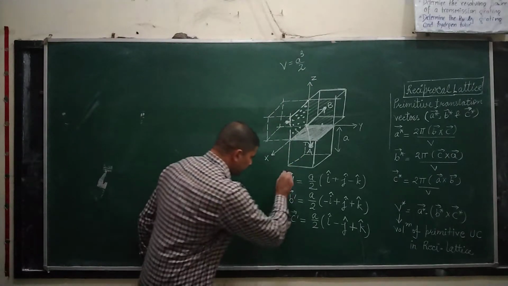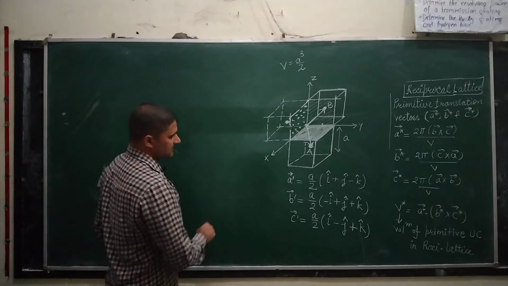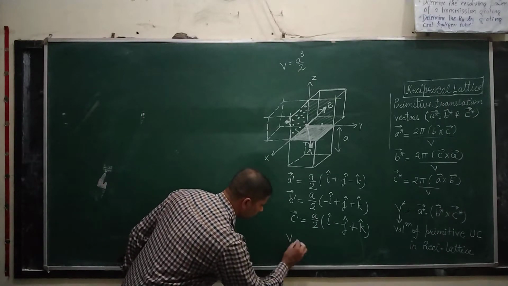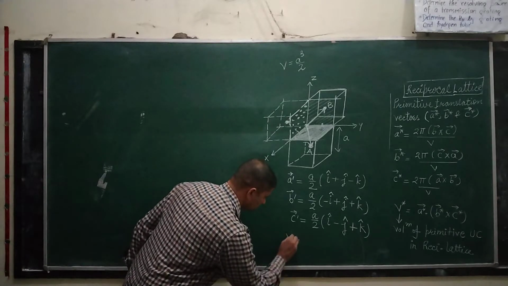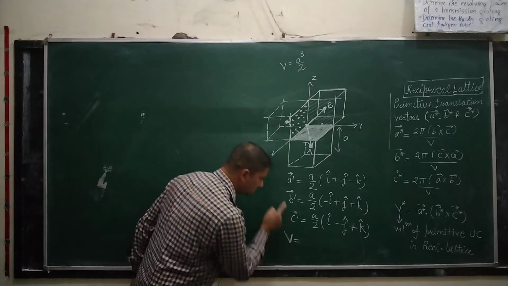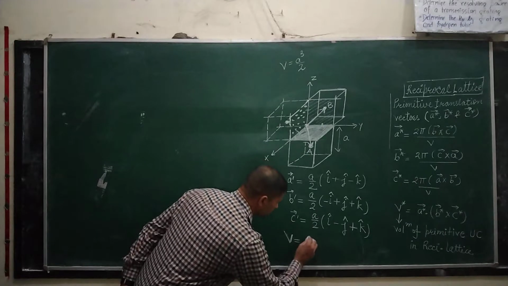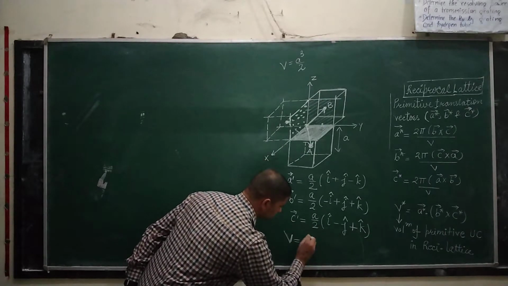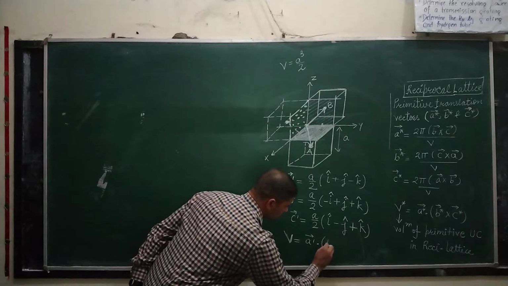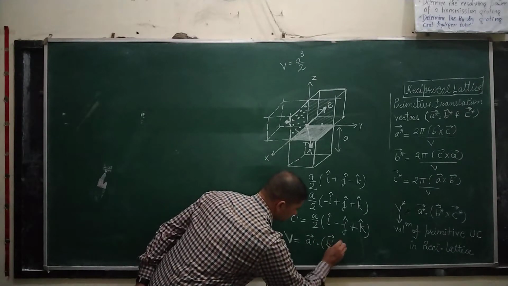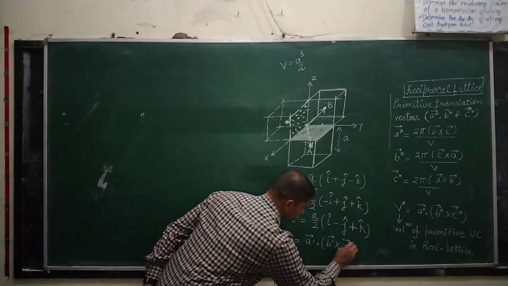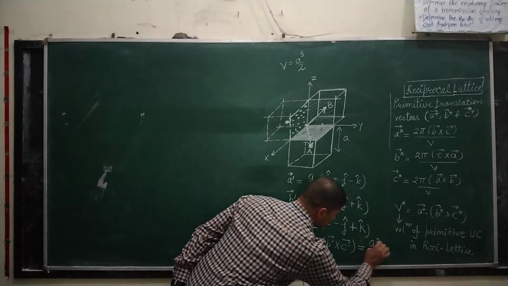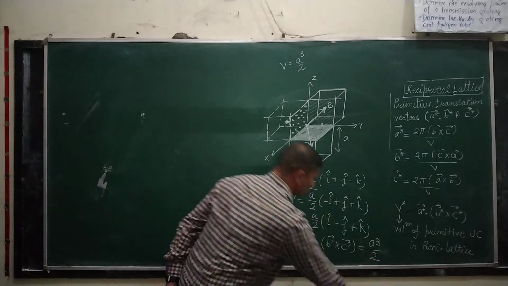You can check it yourself: using the relation A dash dot B dash cross C dash, it will come out to be a cube by 2.